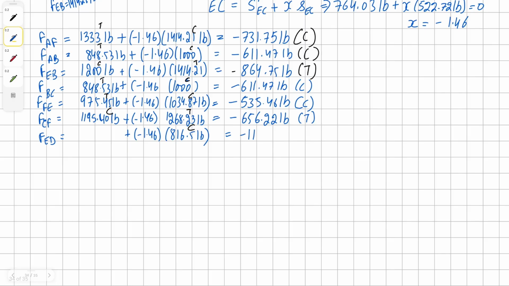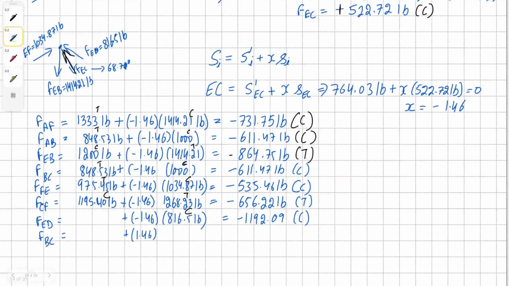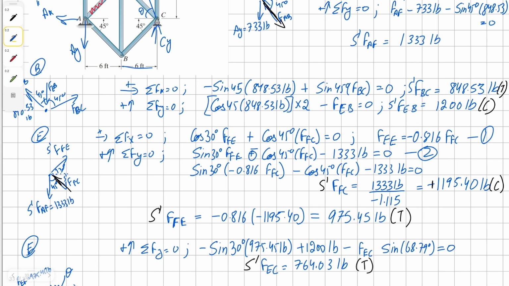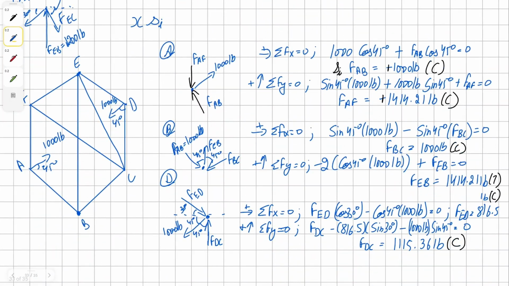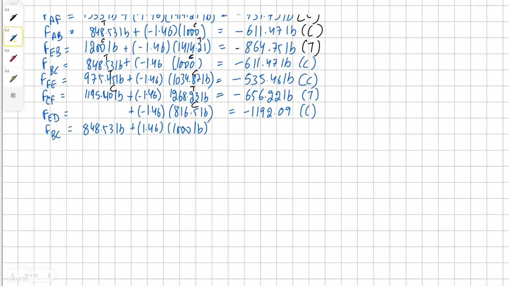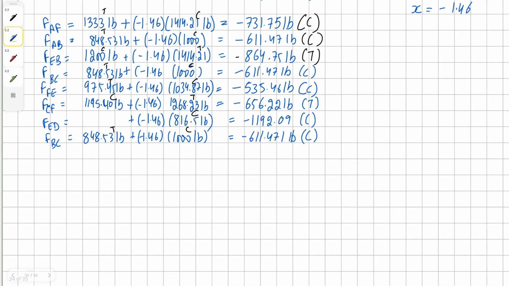We get our solution as negative 1192.09, compression. And finally our last member, BC. For capital we have 848.53 pounds, and for petite it's 1000 pounds. Capital is in tension and petite is in compression. And we get our solution as negative 611.47.